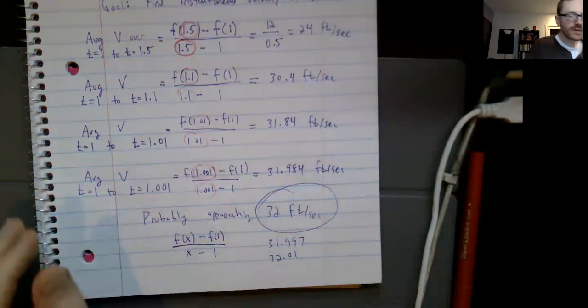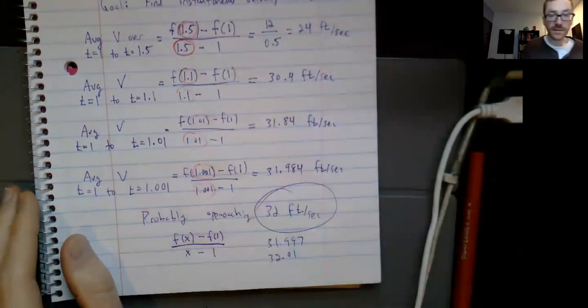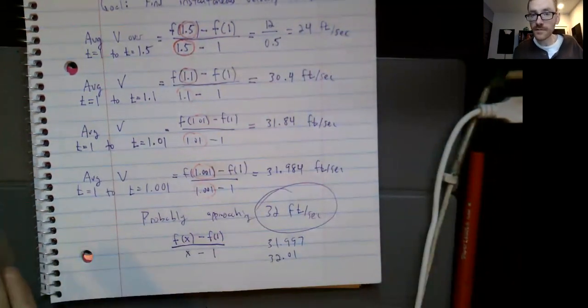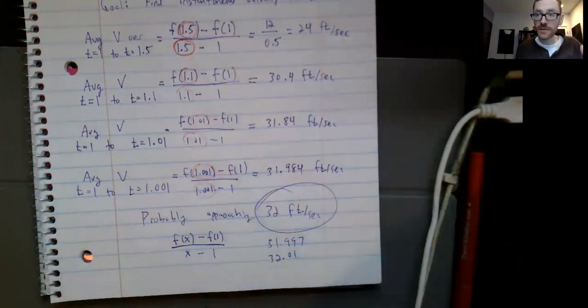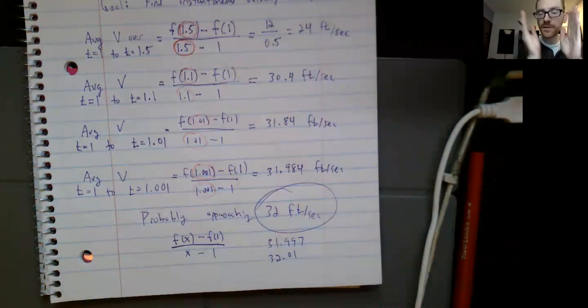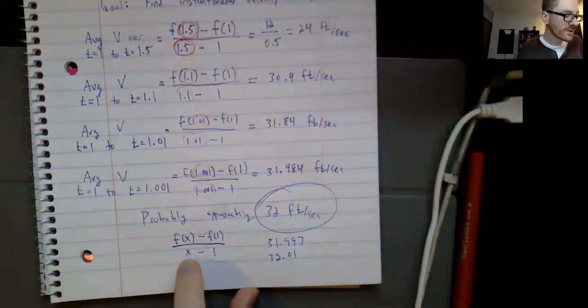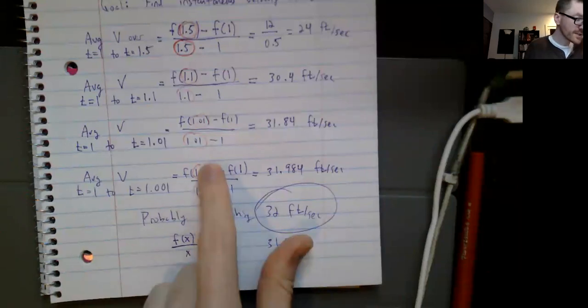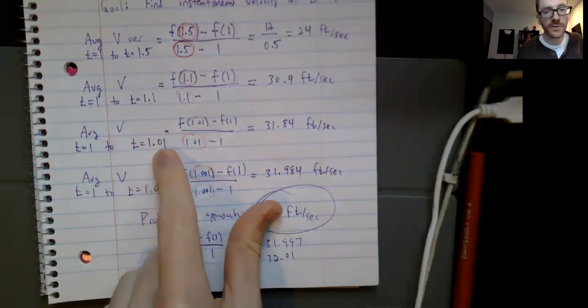And all that's changing in each of these expressions is the x. Specifically, the x is getting closer and closer to 1, right? The closer you make the x to 1, the smaller the interval of time. Make sure that you understand that. As x is getting closer and closer to 1, x is really just the ending time of the interval. Do you guys see that?